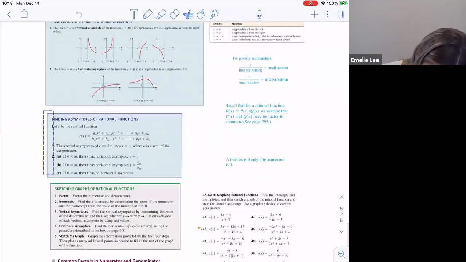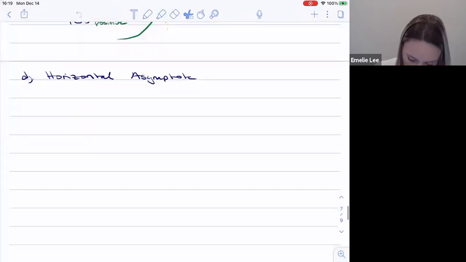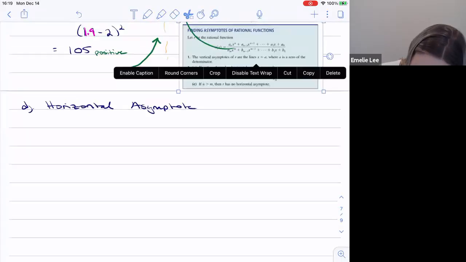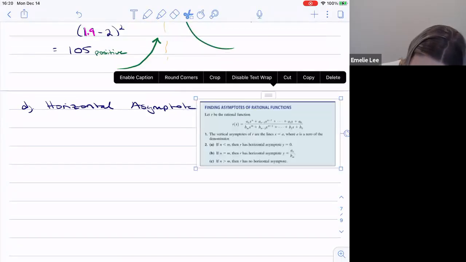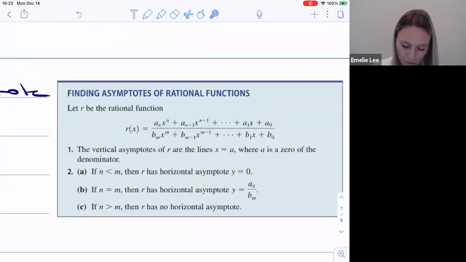So here, if we have some sort of rational function like this, then if n is less than m, so n being the degree of the numerator and m being the degree of the denominator, then we have a horizontal asymptote at y equals 0.